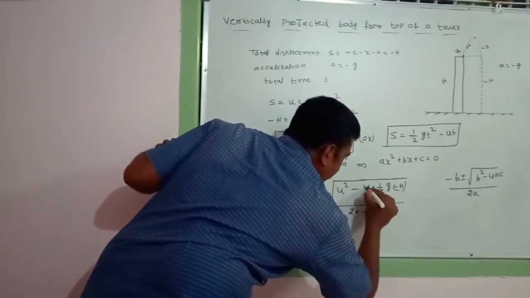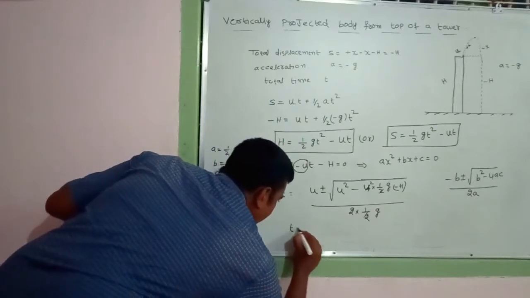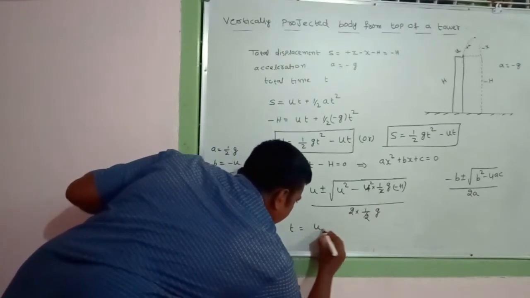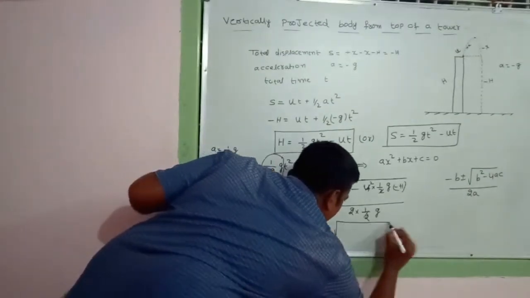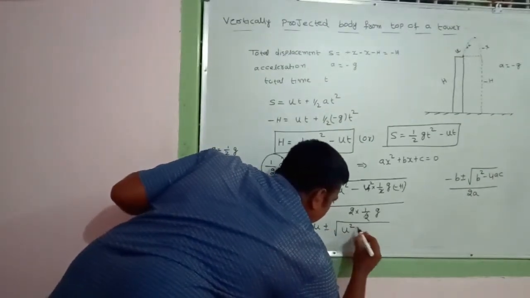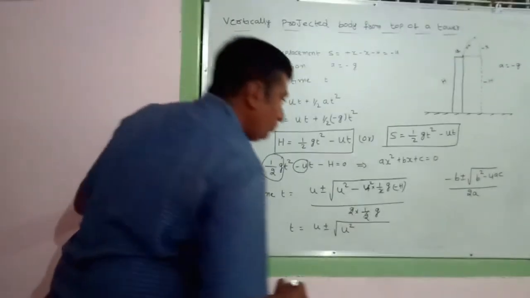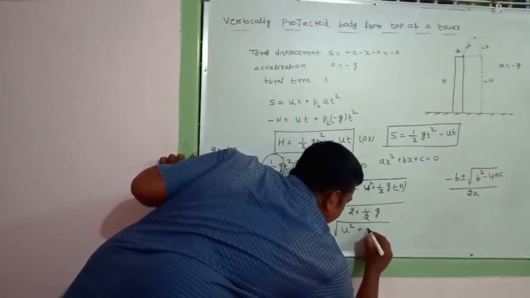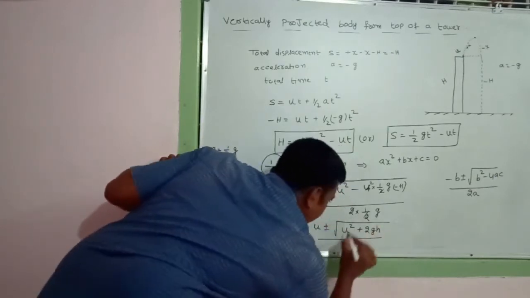Here, this is t1, t2, which is nothing but the time period, which I can write as t equals u plus or minus root of u square minus 2gh by g.